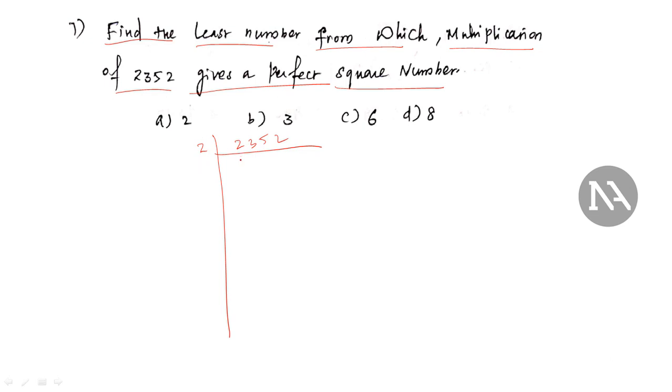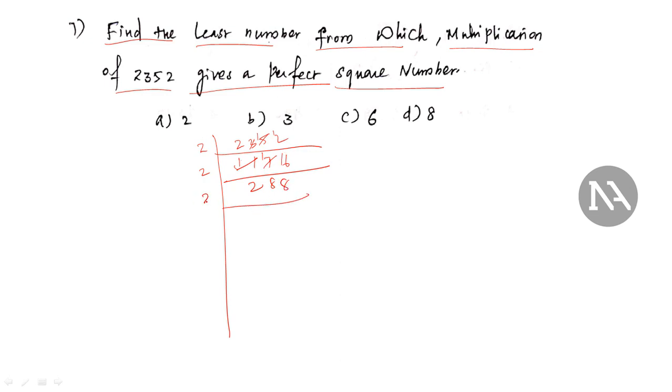2 2s are 2, then 1 2 is 2, then carry 1, 7 2s are 14, then carry 1, 6 2s are 12. Again it is an even number, I can divide by 2. 5 2s are 10, then carry 1, 8 2s are 16, then carry 1, 8 2s are 16.